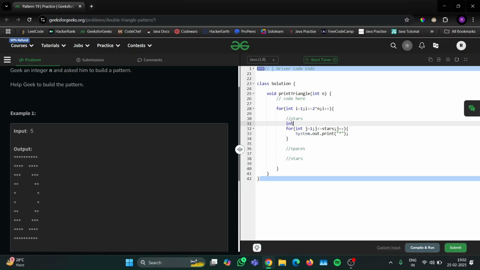Now we have to figure out a formula for the stars. Observe the first half of the figure. I is equal to 1 and the stars is 5. There is no space. Then again we have 5 stars. Then I is equal to 2, number of stars is equal to 4. Then we have space. Number of stars is equal to 4 again.